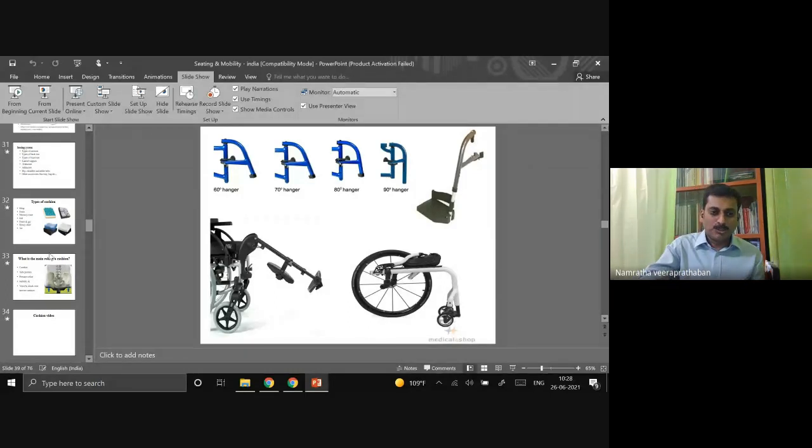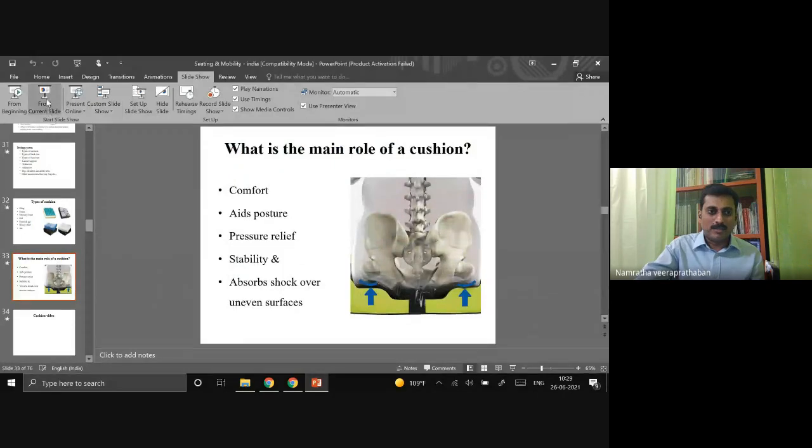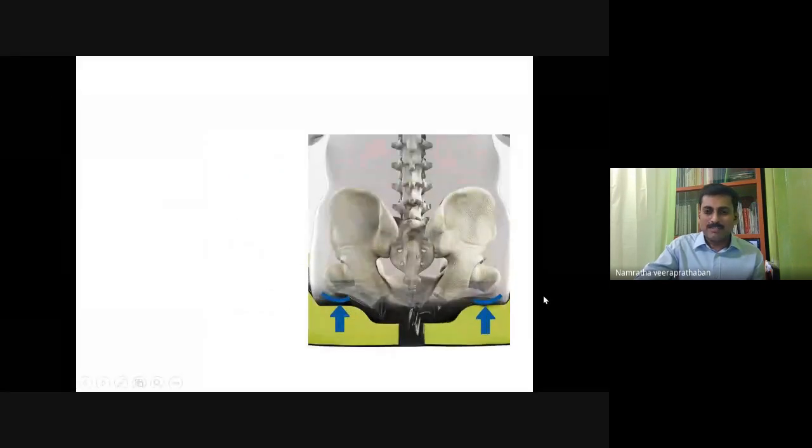If the pelvis is positioned properly in the cushion, I will use the words in the cushion, not on the cushion. Can you see the picture now? Am I audible? Yes, sir. If the pelvis and the trochanters are properly positioned and aligned in a contour cushion, 75% of the job is done.